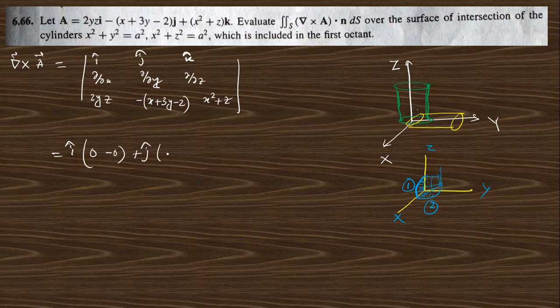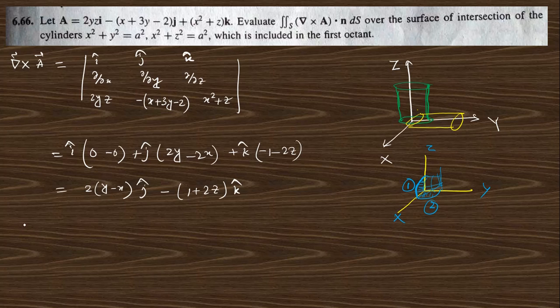Plus j cap: del del z of this is 2y, and del del x of this is 2x. Plus k cap: del del x of this is minus 1, del del y of this is minus 2z. So this becomes (2y minus x) j cap plus (minus 1 plus 2z) k cap. This is the curl of A.